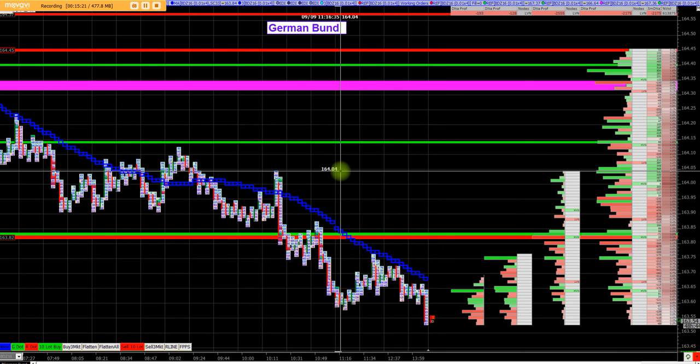So, I mean, a great demonstration of getting in the frame of mind of the bulls and the bears and being able to interpret what they're thinking, what they're trying to accomplish, just based on the footprint chart, the delta profile, the 33 moving average, and knowing where to put these lines in the sand, points of interest that they're either going to try and defend or it's going to fail.